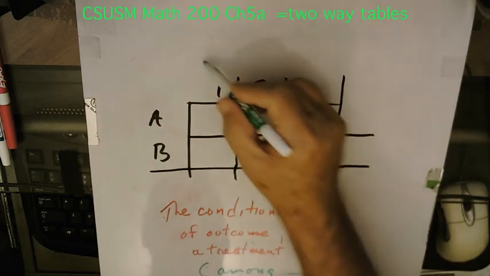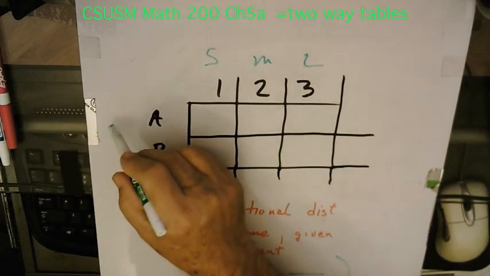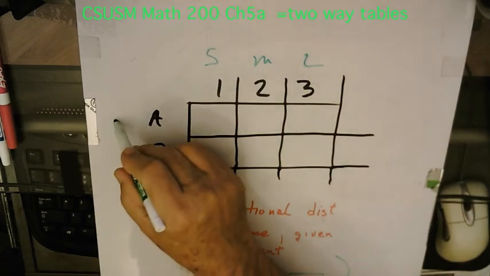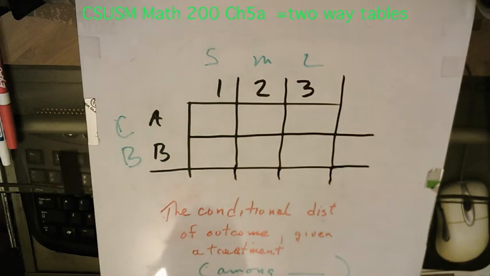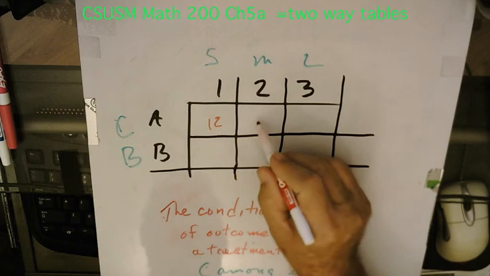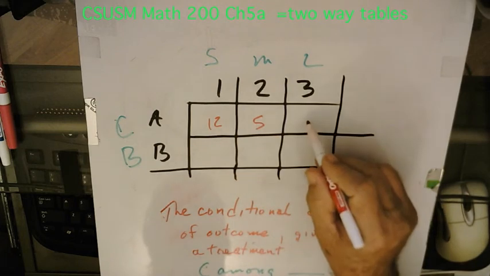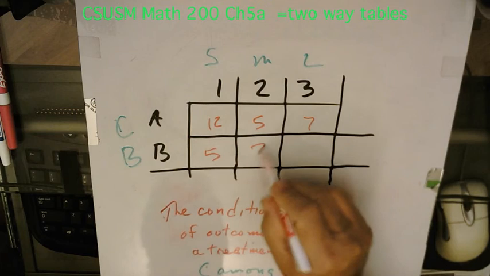This could be small, medium, and large, and this could be packed in a can, and this is packed in a box. And then they give you some numbers here, like maybe 12 here and 5 here and 7 here and 5, 3, and 8.